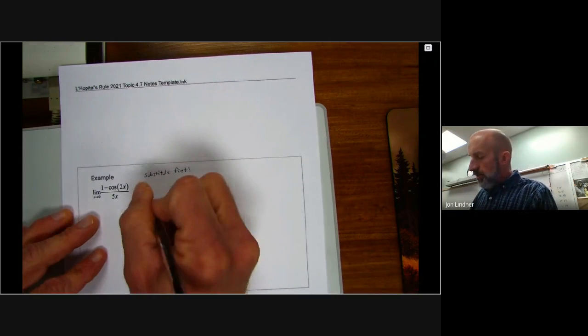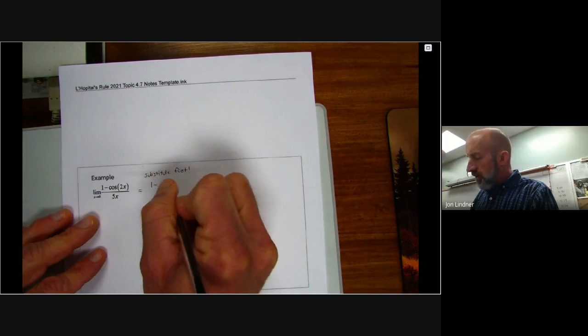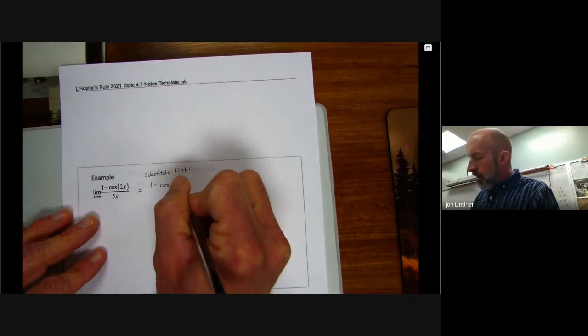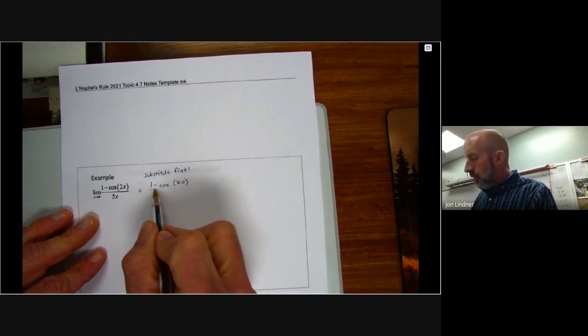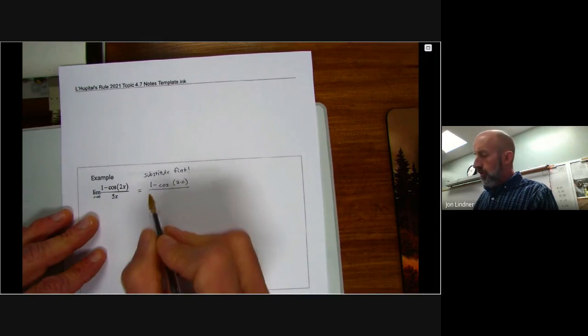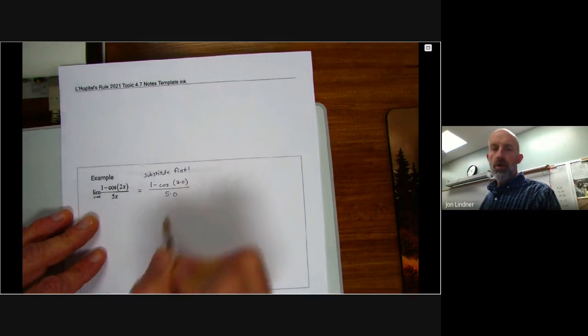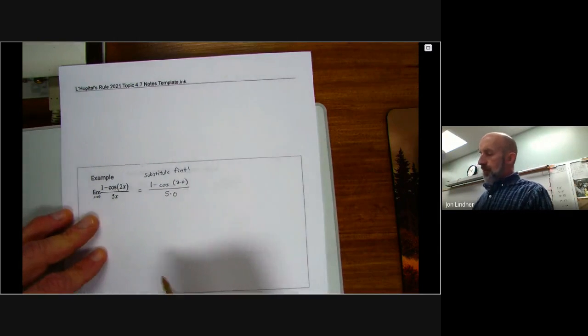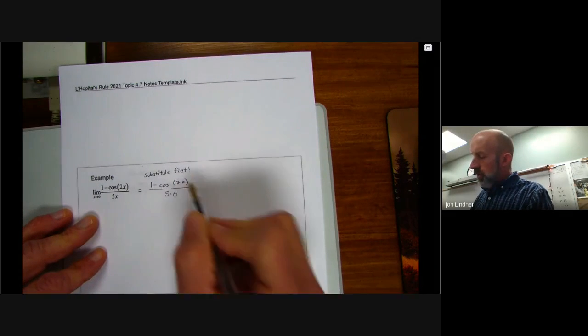So if I substitute, I would have 1 minus the cosine of 2 times 0 all over 5 times 0. And in case you forgot, the cosine of 0 is 1.